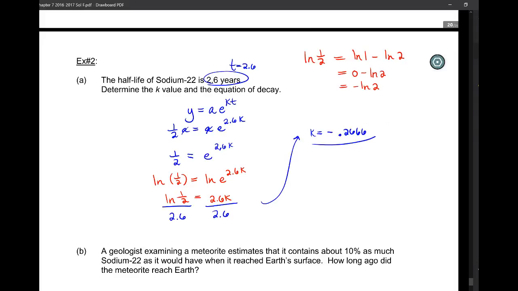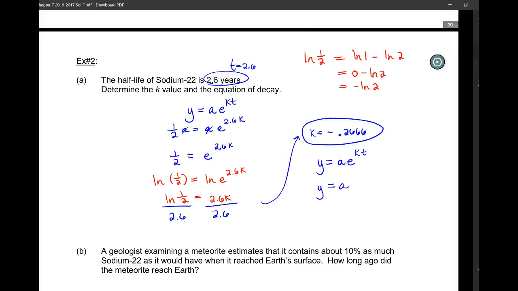Now that's just the first part of that question. It says determine the k value, and now I want to write the equation of decay. Now keep in mind, it was a e to the kt. I don't know what y is. That's my result. I don't know what a is.